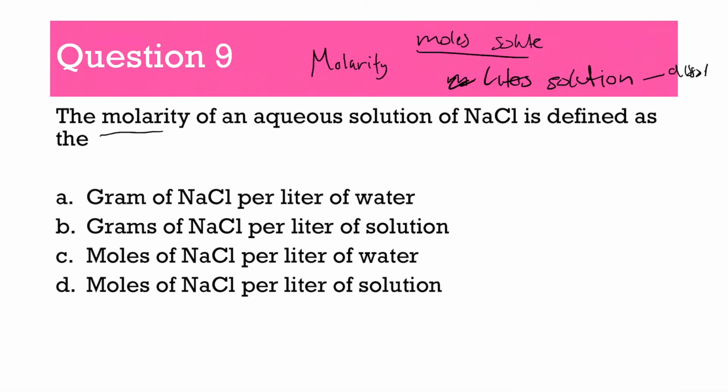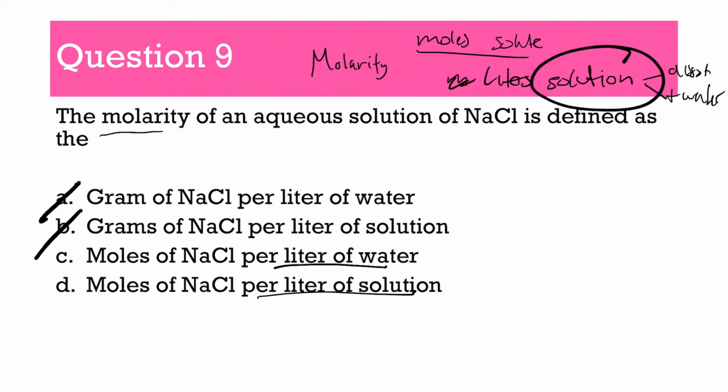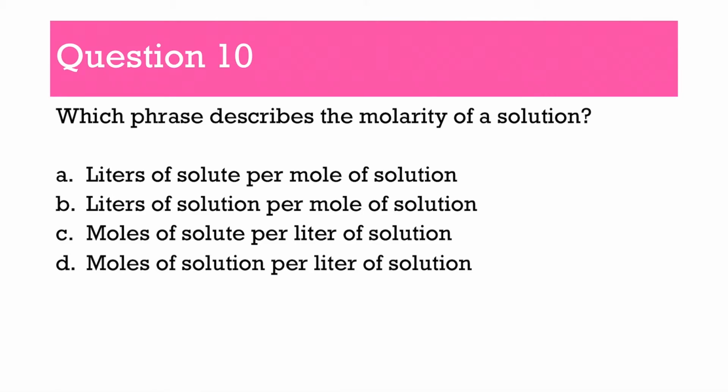Remember, solution is what you dissolved plus the water, so both those things, your entire picture. We're looking for moles, so we can get rid of A and B. Per liter of water or per liter of solution? Again, solution is that whole thing. It's going to be D: moles per liter of solution.